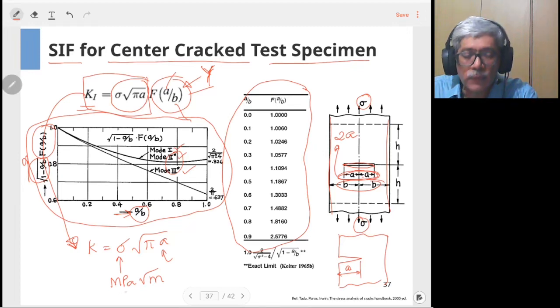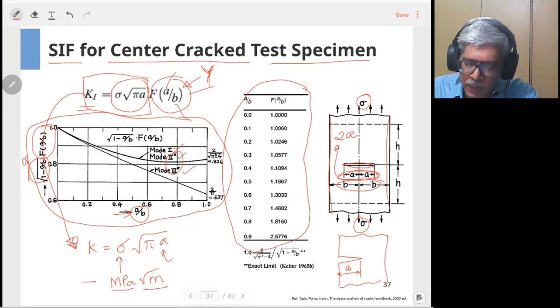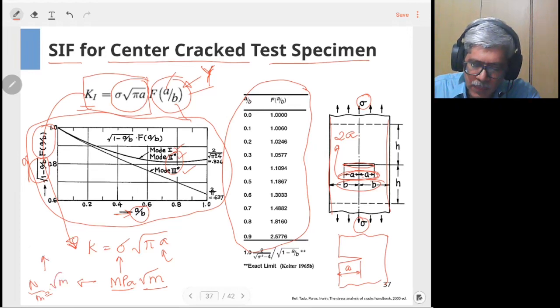The unit is MPa under root meter, or if you are writing fully in SI units, then it will be Newton per meter square multiplied by under root meter, or that would be Newton meter raised to minus 3 by 2.